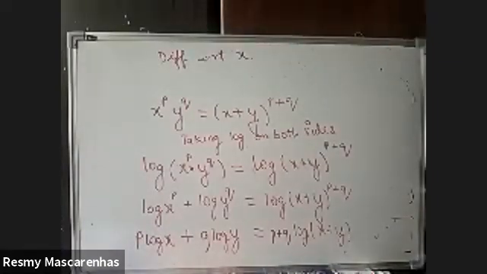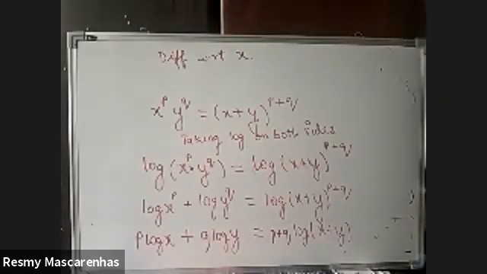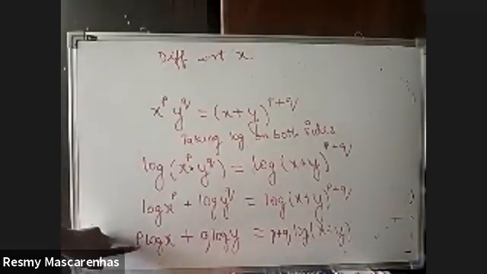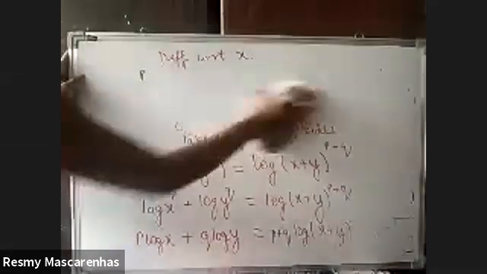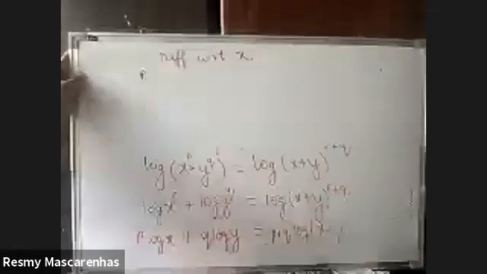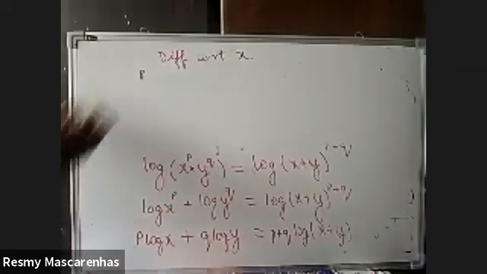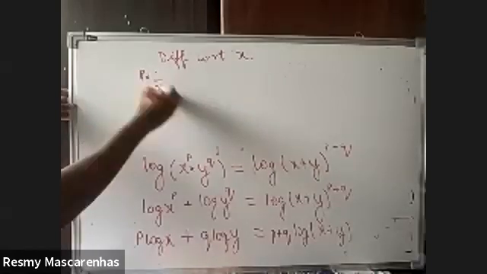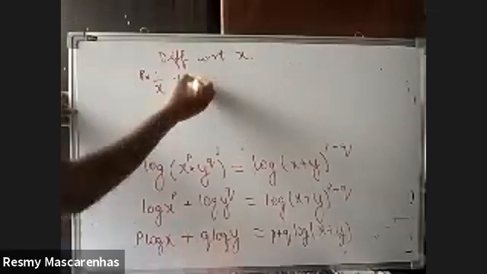Now this whole last equation we have to differentiate. P is like a coefficient, like a number, so p is written as it is. Now what is the derivative of log x? That is nothing but 1 by x. Then plus q, which is again a coefficient.